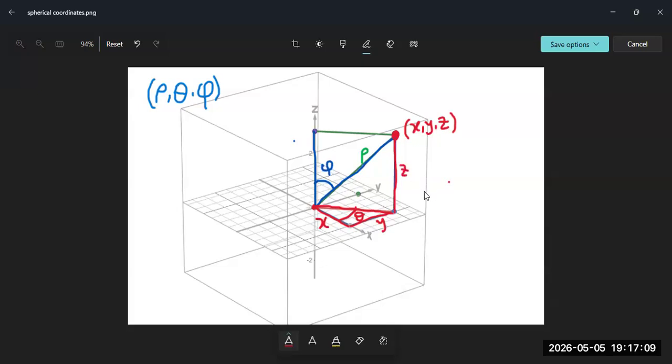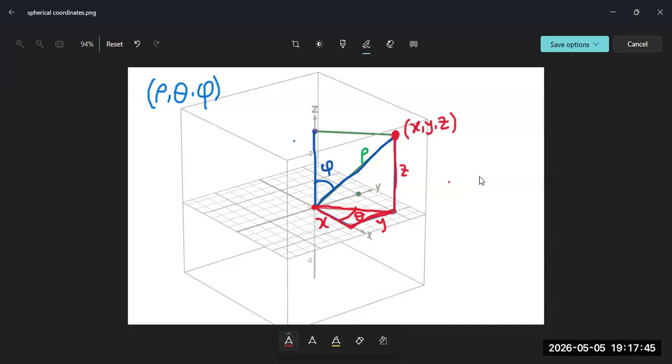We can define it this way because if the point is in rectangular coordinate system, we need to consider how far the point is in the X direction, the corresponding Y direction, and the corresponding Z direction. So if the coordinate of that point is X comma Y comma Z, in X direction we need to move X unit, in Y direction Y unit, and in Z direction Z unit.